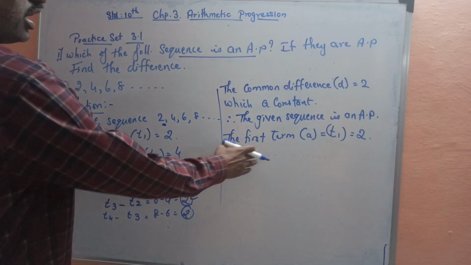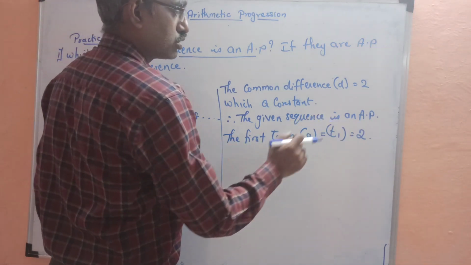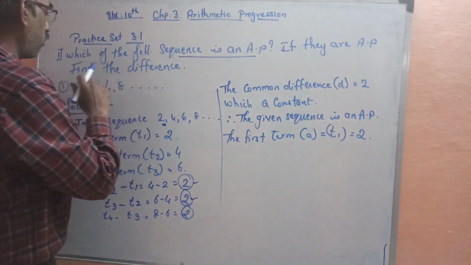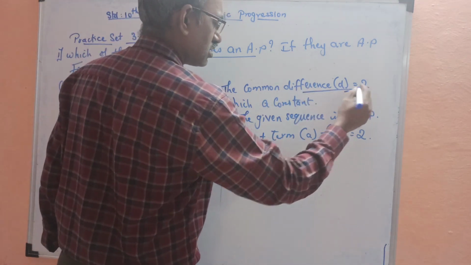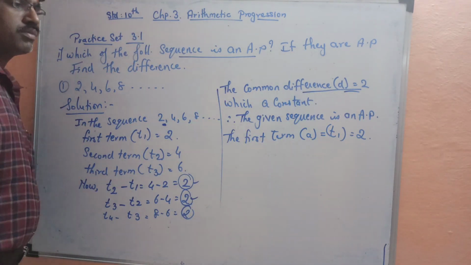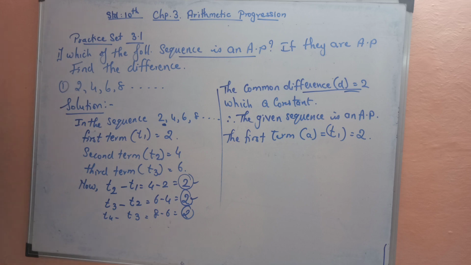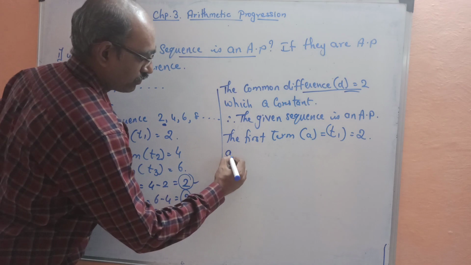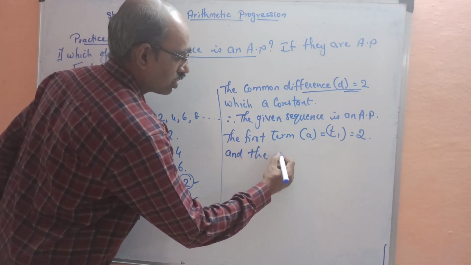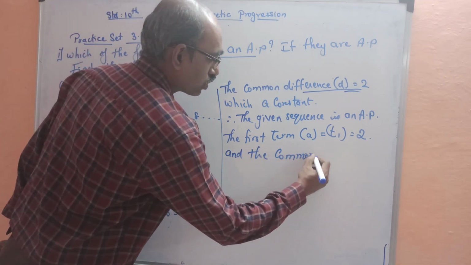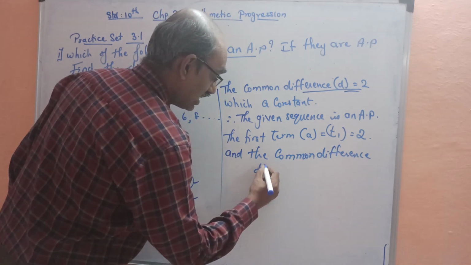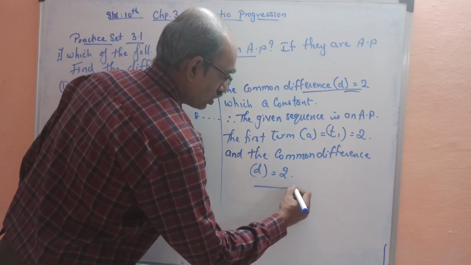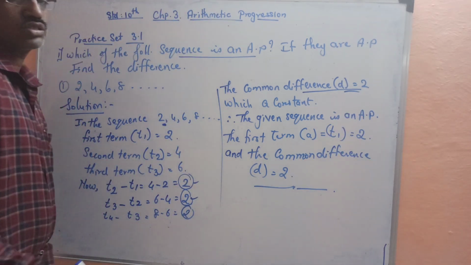We are just writing the first term A is equal to T1, that is equal to 2. For further questions, we will require this. And the common difference D is nothing but 2. Here we end our first question.